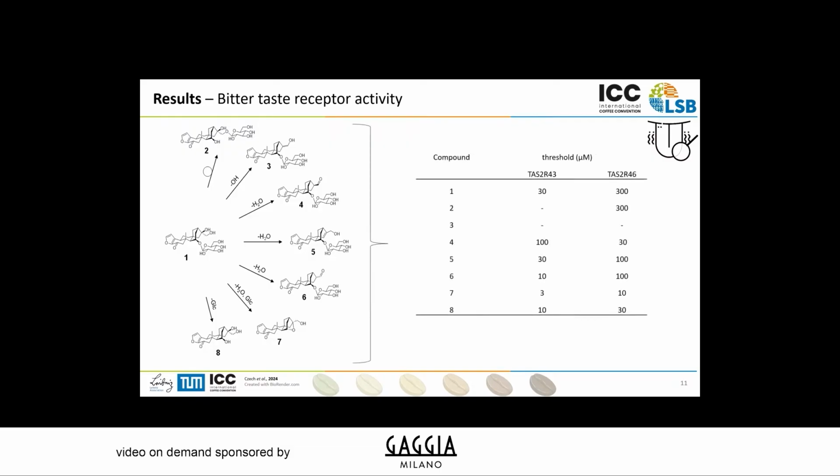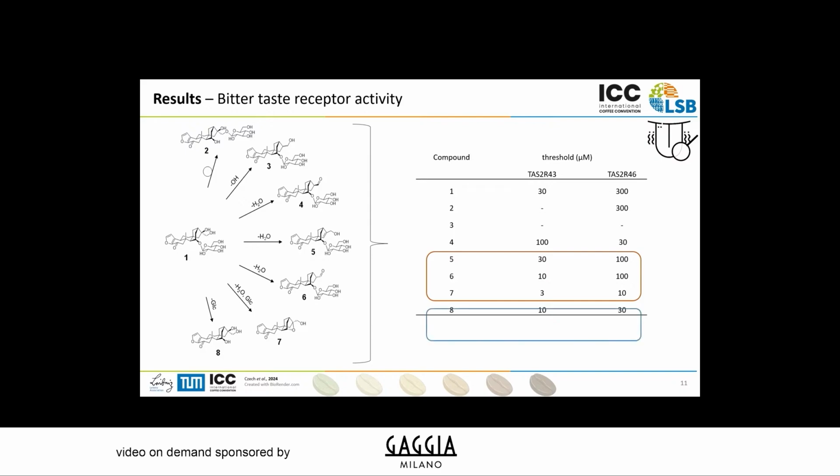And they do. When you look at the bitter threshold of 4, 5, and 6, okay, this is a little bit shifted downwards, so the box should include 4, 5, and 6. Then the bitter threshold is lower compared to Mozambioside.